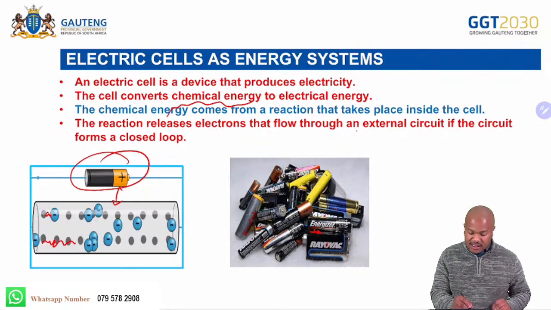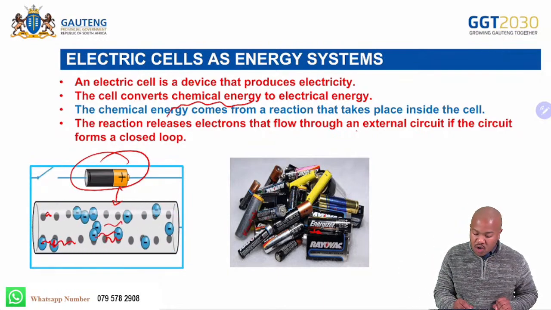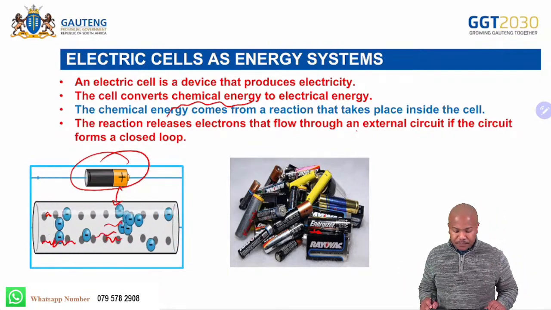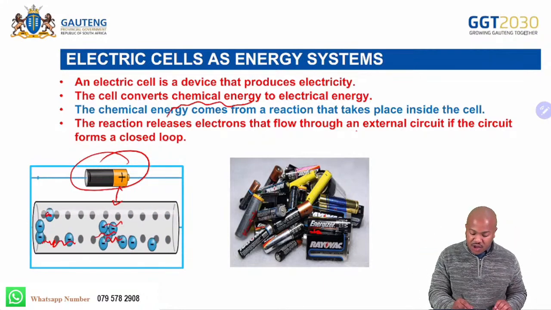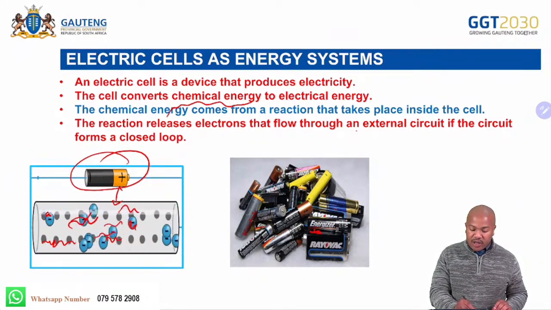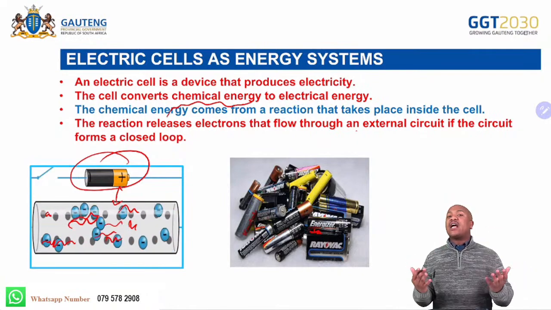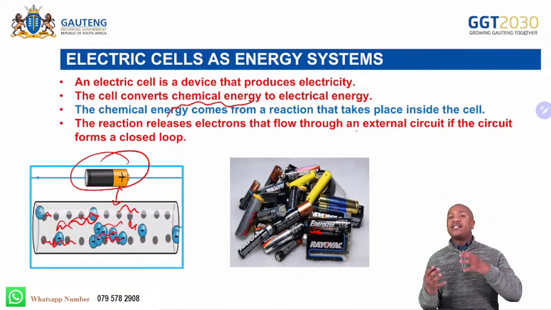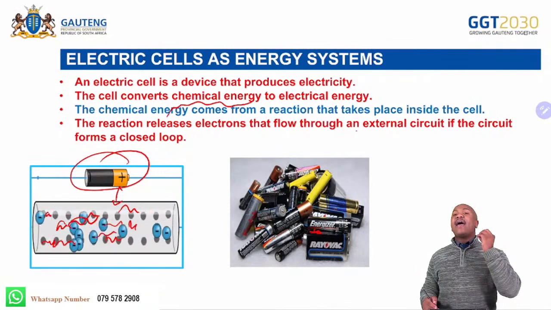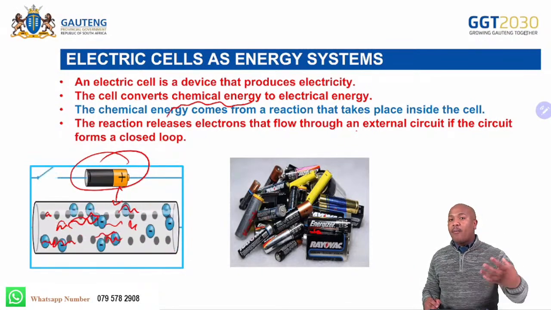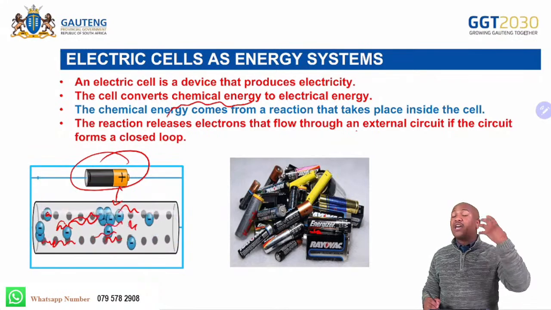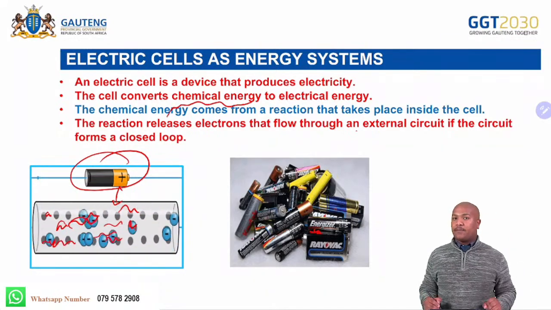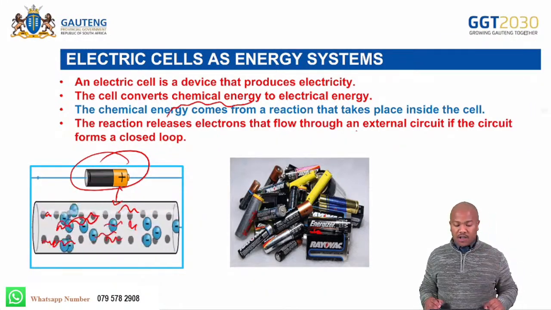As you can see here, the electrons are excited, so that as soon as the cell connects with other components, that's when it starts to react. At this moment, it is still stored inside this system of a cell, in the form of chemical potential energy.